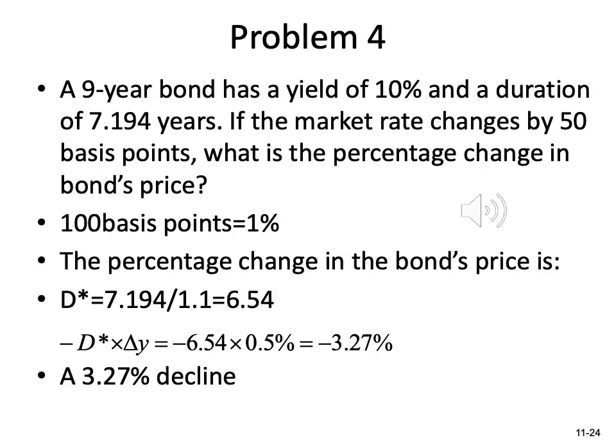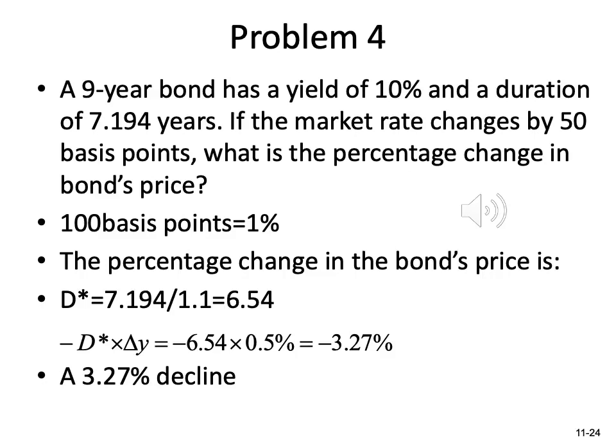A 9-year bond has a yield of 10% and a duration of 7.194 years. If the market rate changes by 50 basis points, which is 0.5%, what is the percentage change in the bond price? 100 basis points is 1%, so 50 basis points is 0.5%.